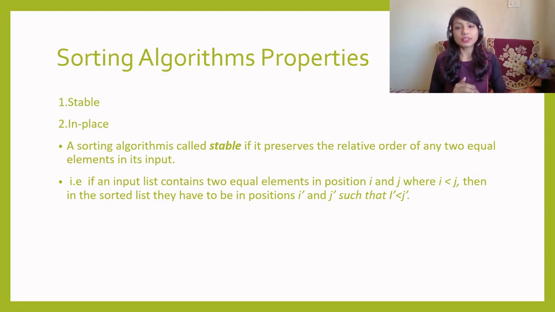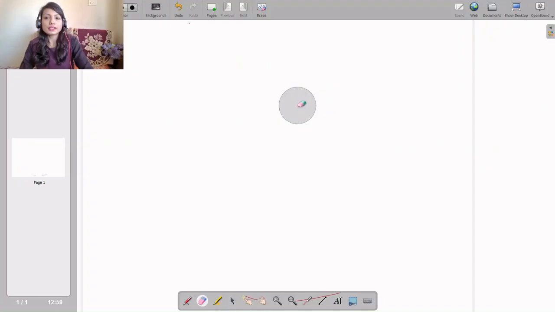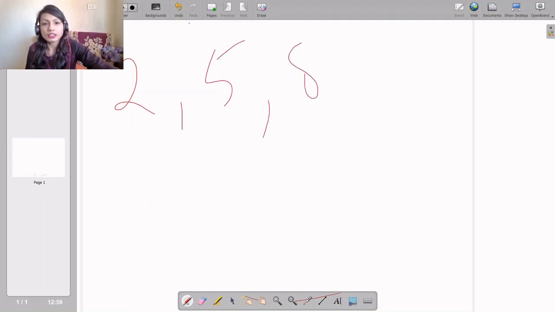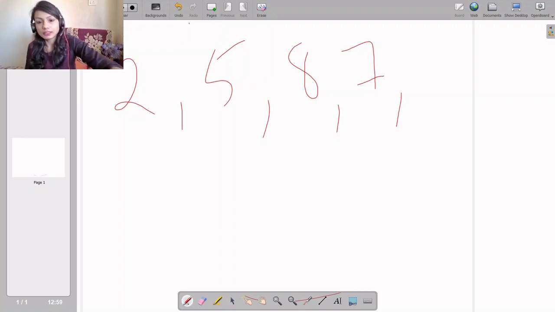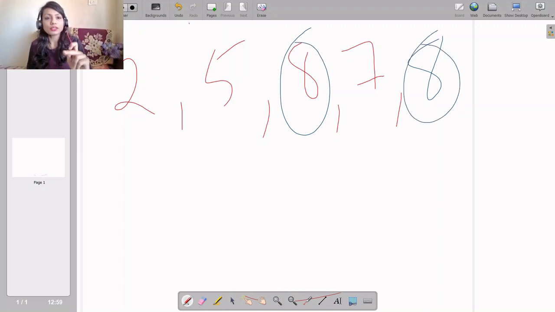So let's see this with an example of a stable algorithm. Assume we have been given some values like this: 2, 5, 8, 7, and then one more 8. We have to sort this in ascending order.